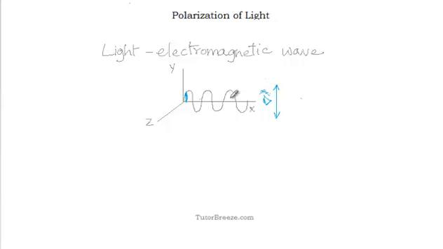So we are representing this polarized wave by a straight line, a double-headed arrow, and this is called a linearly polarized or plane polarized wave.